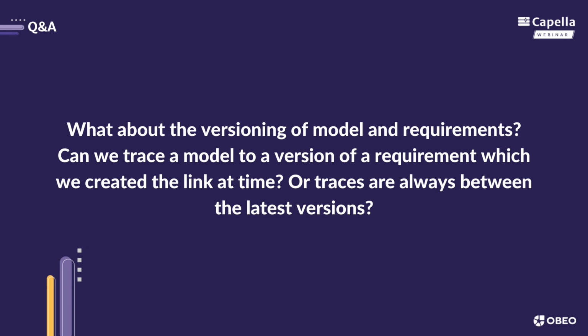What we include in one of the topics that are in the poll, the improvement of tooling to manage the traceability information, is exactly this kind of thing. Be able to keep track of which version of the requirement was traced and react to changes, or make sure we only trace to a specific version if that's the case.